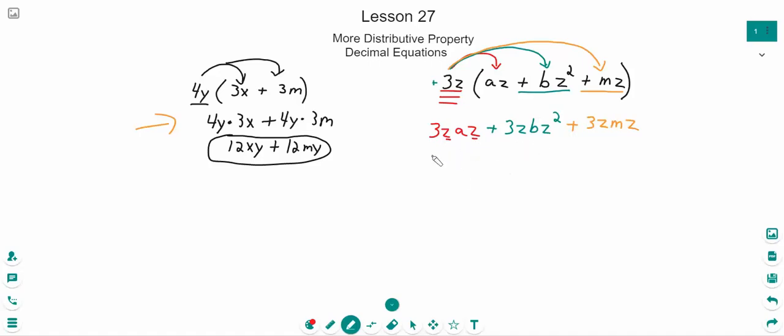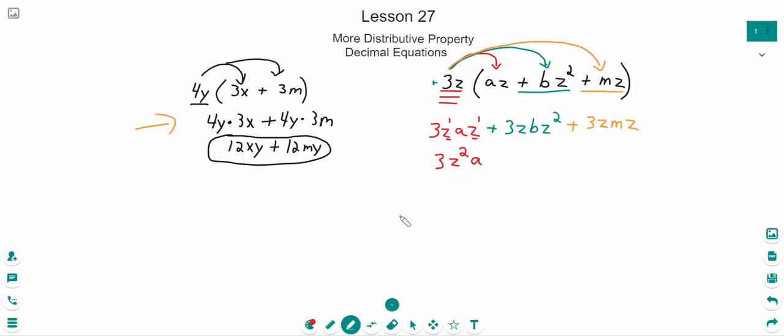So this would be equivalent to 3z squared, and then the a on the end. Or I could have put the a first and kept it in alphabetical order, but that's the way I wrote it this time. So z squared a. The reason we got that is because we have z to the first and z to the first, so 1 plus 1 is 2, and we have z squared.